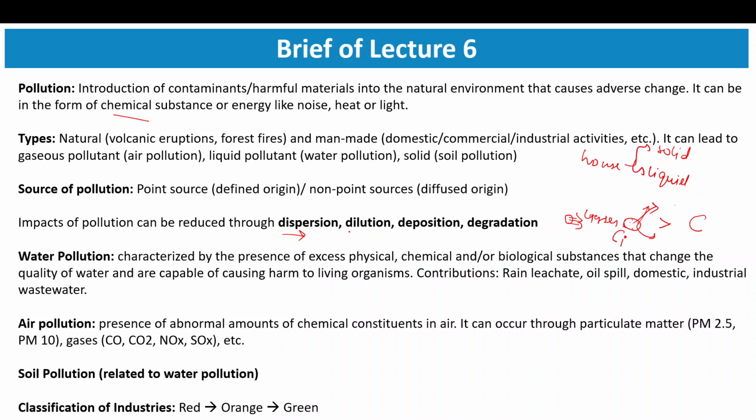The next term is dilution, right? Say, for example, there is a river stream which is contaminated with, say, lead. Now, rivers have the tendency to mix, right? There are rivers which come across and mix, and after that junction, the mixture will flow on.